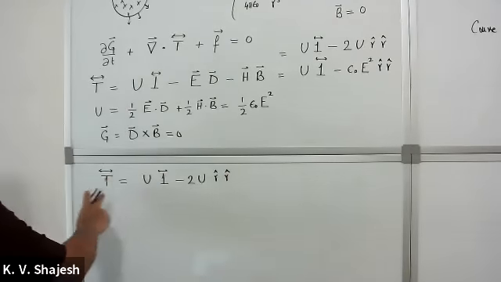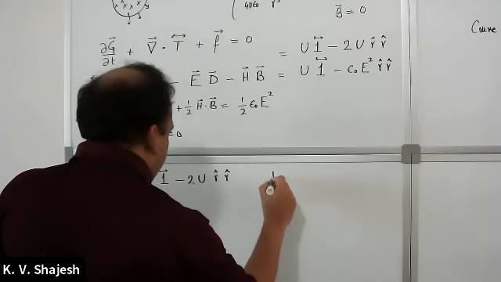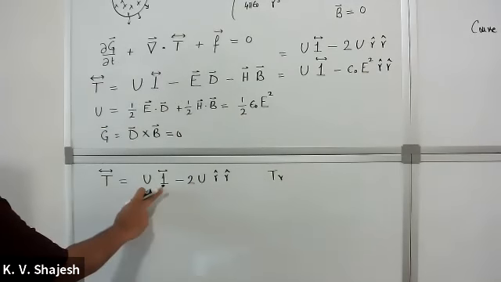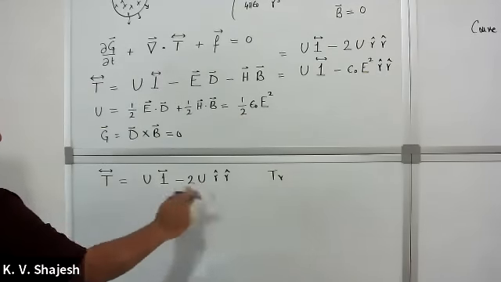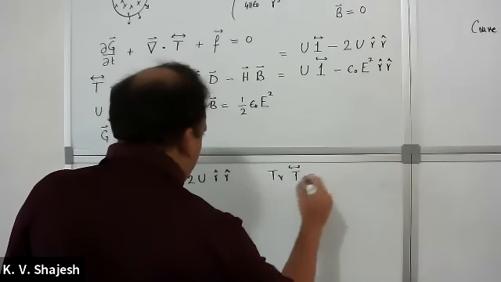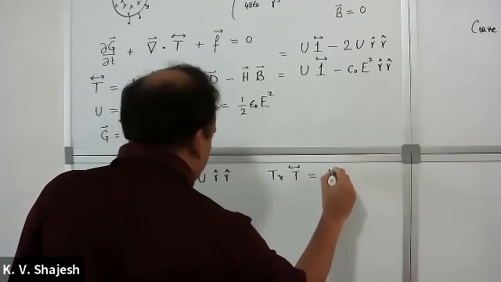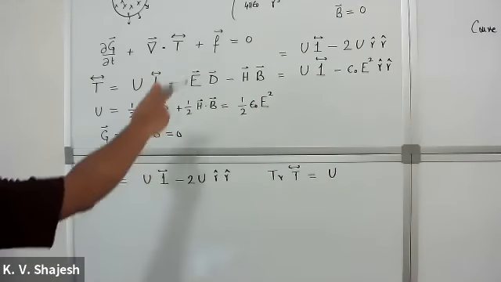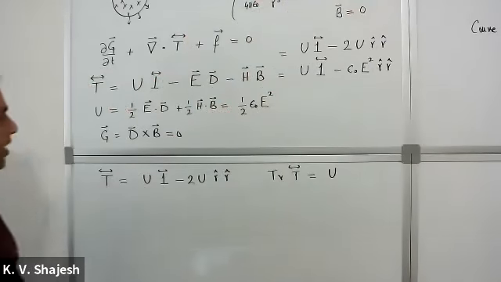A standard relation is that if I take the trace of this, if you think of this as a matrix and sum it up, that's a factor of 3. When I take the dot product, that's 1. So the trace of T is equal to just U. That's a nice relation, and U itself is half epsilon E squared. So that means inside it will be some quantity and outside it will be some quantity.